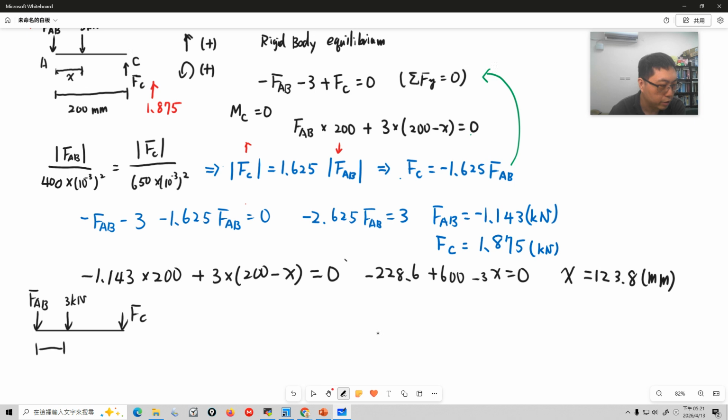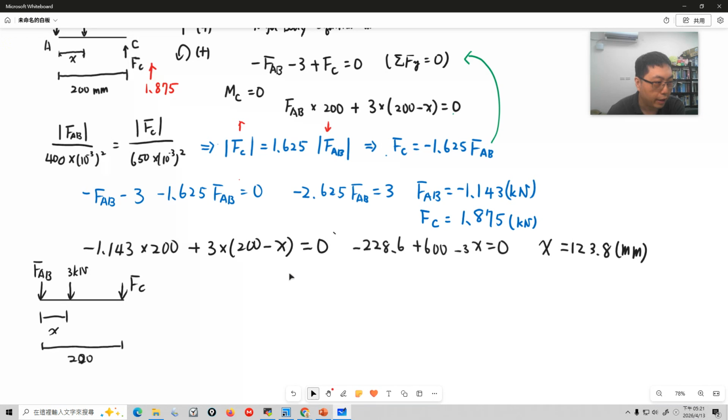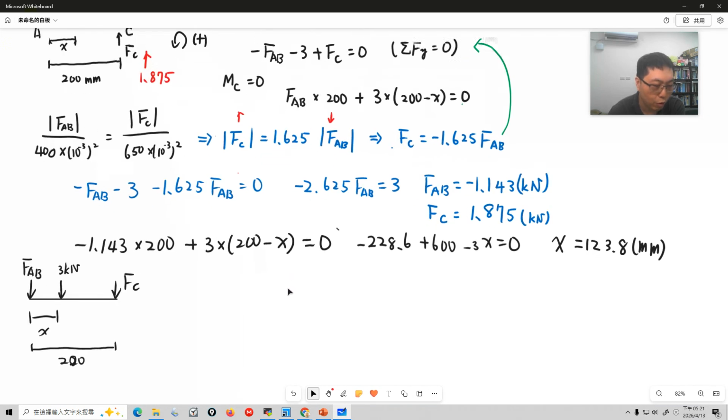And here is x, and here is the 200 millimeter. Okay, so under this wrong initial assumption, could I also get a right answer? The answer is yes. Let me show you.